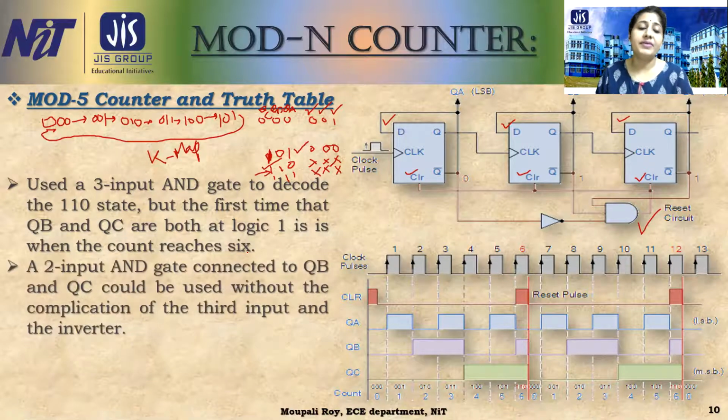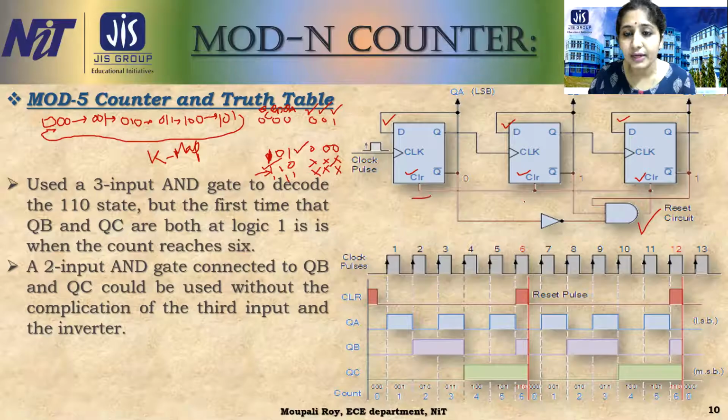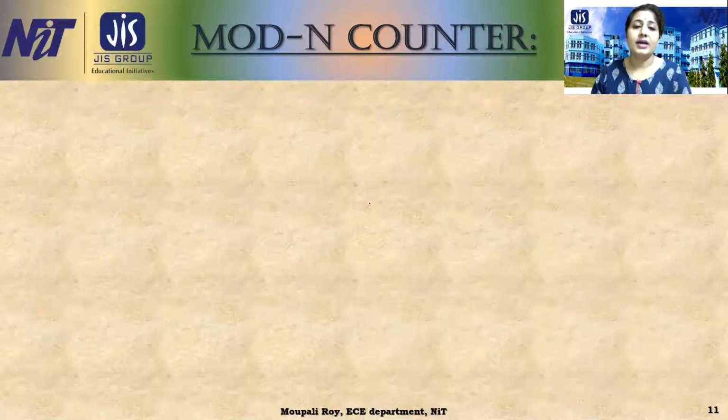So what happened? 2 input AND gates connected to QB and QC could be used without the complementation of the 3rd input and the inverter. So in that way, whatever circuit we are getting, we are clearing the output after this 1 0 1 condition. Okay, then we are getting this one.